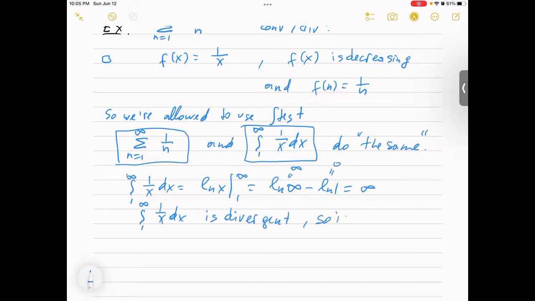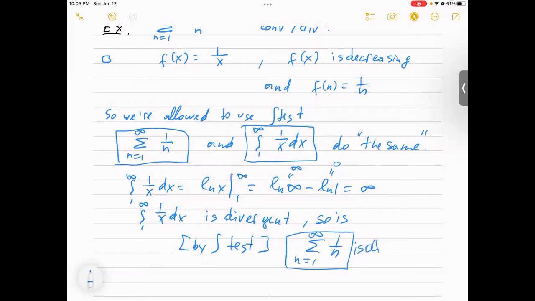And so, by the integral test, so is the series, the sum of 1 over n from 1 to infinity. So the series 1 over n is divergent. That's approximately how we're going to be using the integral test.